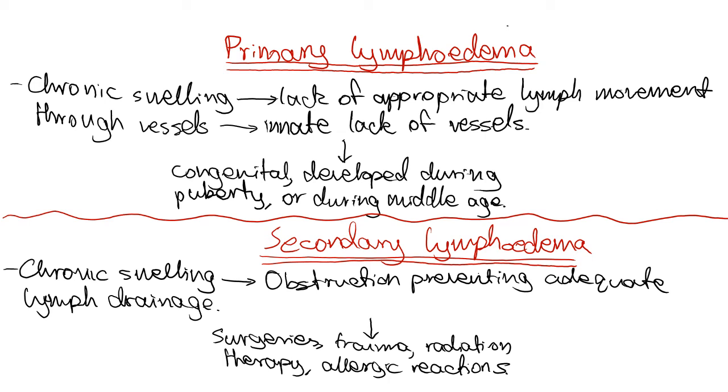Or if we have secondary lymphedema, which is more treatable pharmacologically, we can give the person medications that remove excess protein from the tissues, therefore decreasing hydrostatic pressure, and this can include medications such as diuretics.